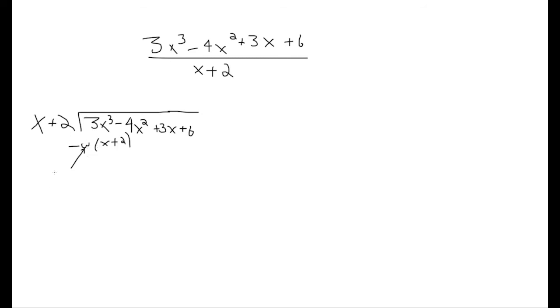So the w will have a coefficient of 3. And also, the power on its x is going to be 1 less than the power on the x of the term that it's getting rid of, because it's being multiplied by an x. So it's going to be 3x squared, because 2 is 1 less than 3.